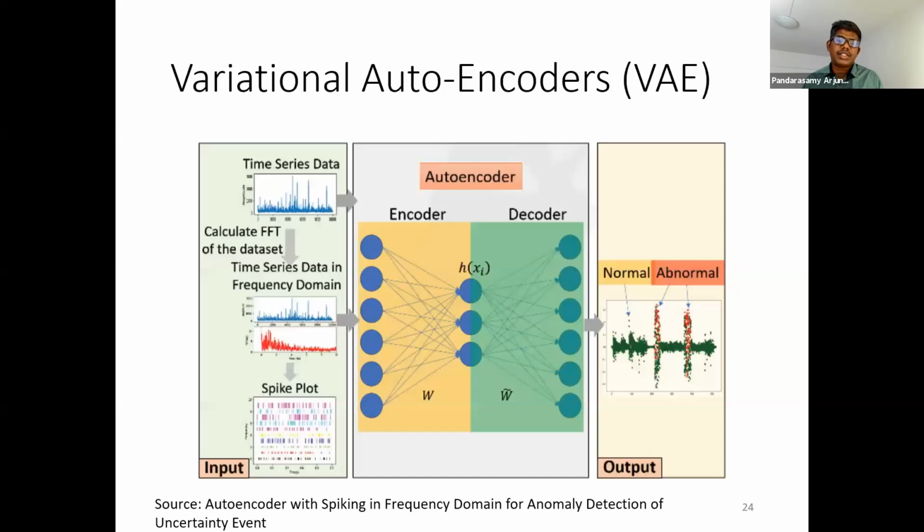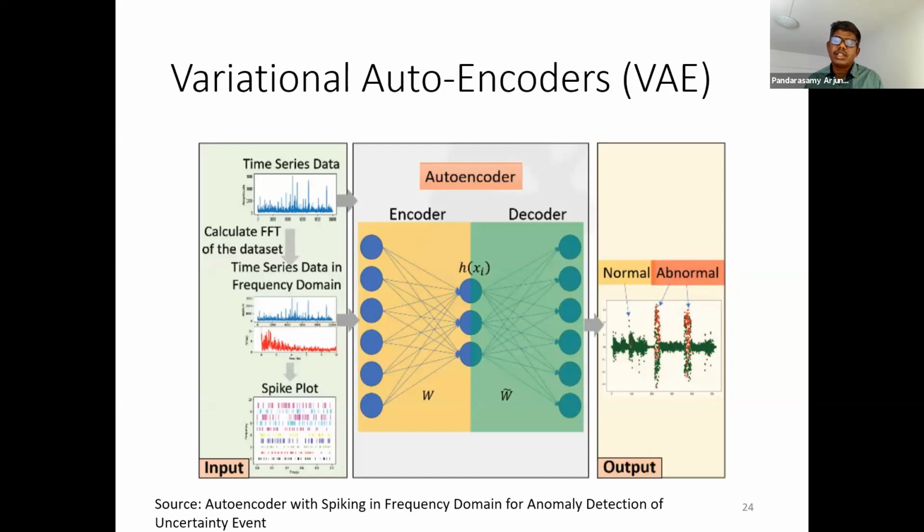Once we get this fast Fourier transform, we will feed that into an auto-encoder network. The auto-encoder will take input from this transformed time series and map it into a low dimensional space. That is why we have fewer neurons in the middle layer.